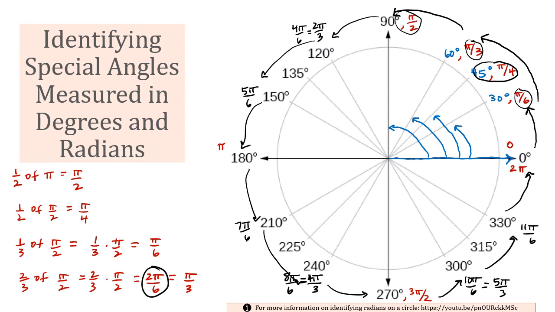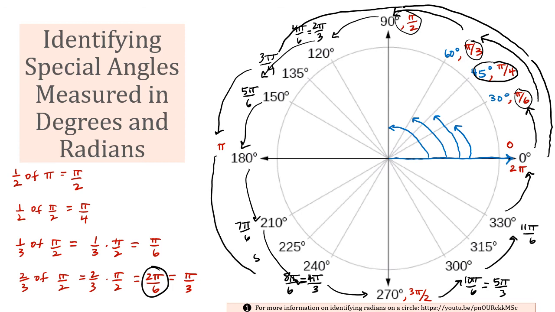So we have, let's see here, 1 pi over 4, 2 pi over 4, looks like 3 pi over 4, 4 pi over 4, which reduces to pi, 5 pi over 4, 6 pi over 4, and 7 pi over 4.